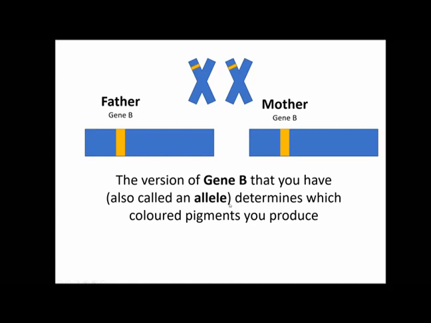So you might have one allele that makes you produce brown pigment and would give you brown eyes, or you might have a different allele that produces a different pigment that gives you a different color, so maybe blue or green, depending on which allele or which version of this gene that you have.